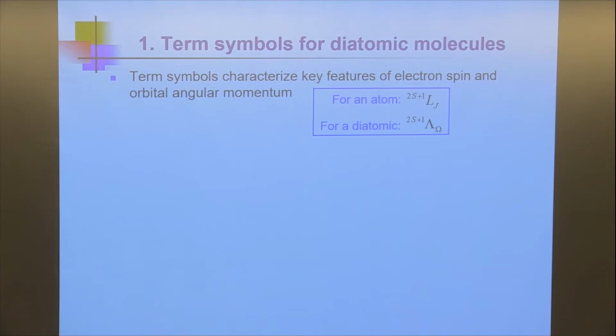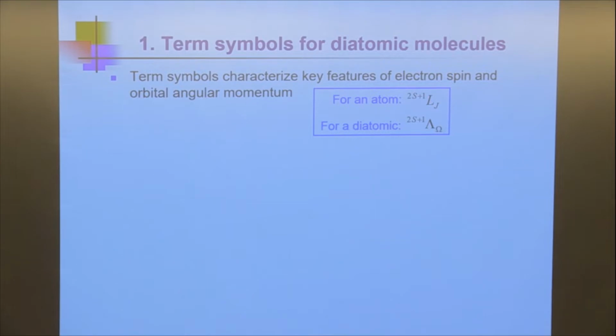So this is what's called the term symbol. This is a symbol which the spectroscopists would look at, and it tells them a lot about the quantum states that you're concerned with. Some of you may have seen this. It turns out the symbolism is similar for atoms, atomic spectroscopy, and for molecules. So for the atom, we would have a symbol like this, superscript, subscript, and primary.